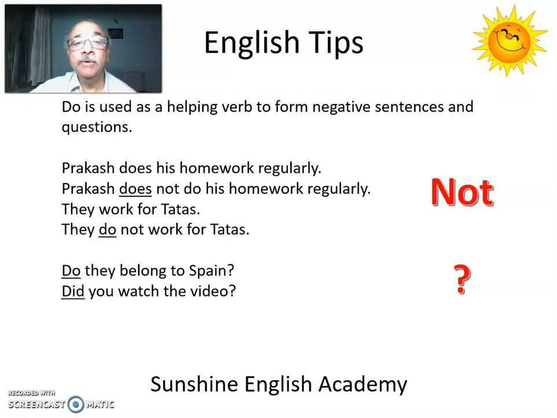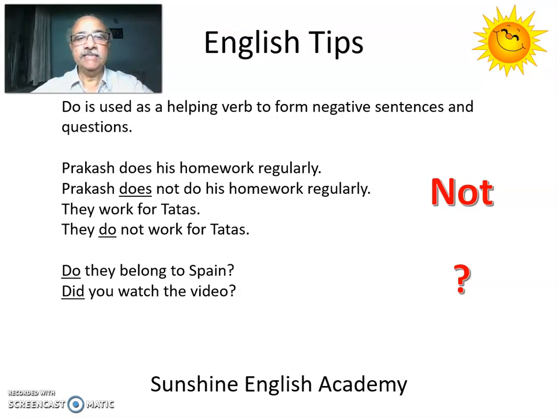So the main verb does in the positive sentence becomes do in the negative sentence in this case. The reason why the main verb does becomes do in the negative sentence is because after do, does, or did, the following verb must be in the base form only.